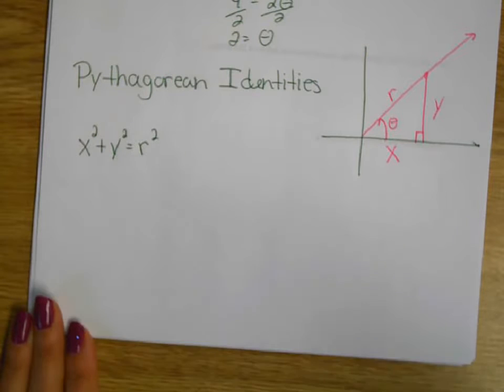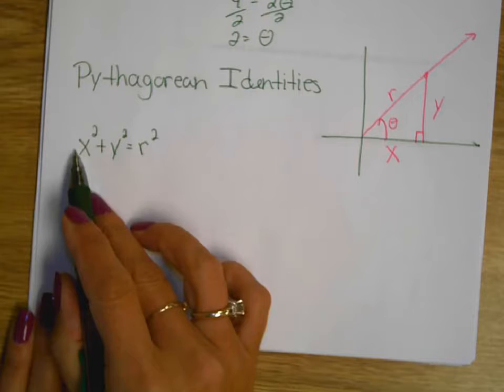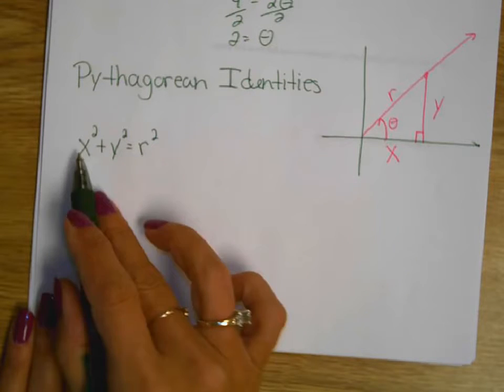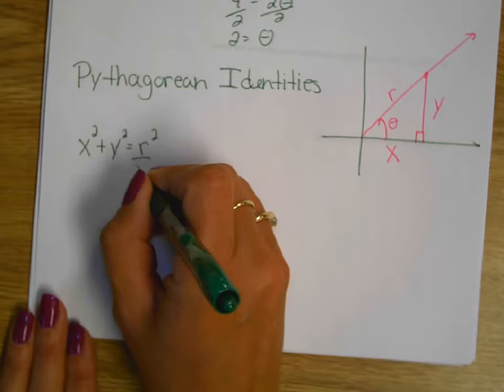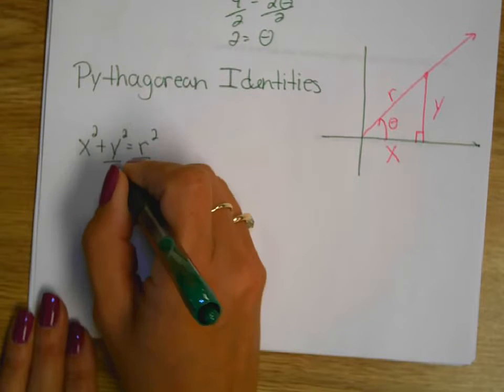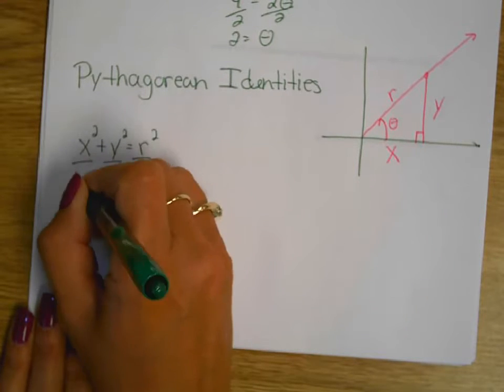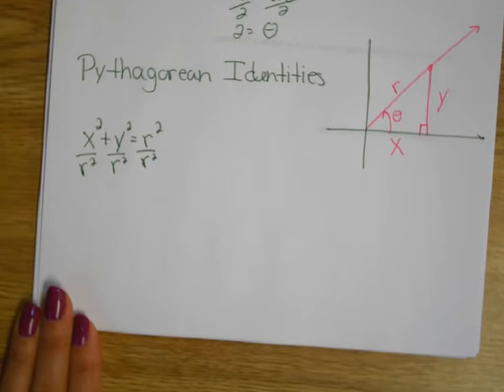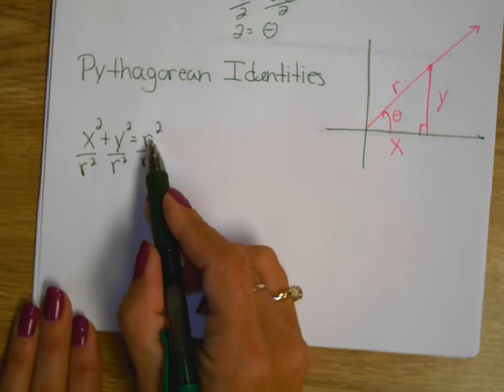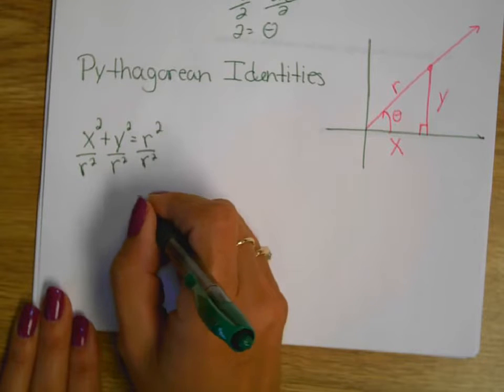Now we want to make ratios out of this, fractions. So I'm going to choose to go through first and divide both sides of this equation by r squared. So I'm going to divide the right side by r squared, divide this by r squared, and divide this by r squared. Legal algebra move. Well, I can see on the right, r squared divided by r squared is going to give me 1.